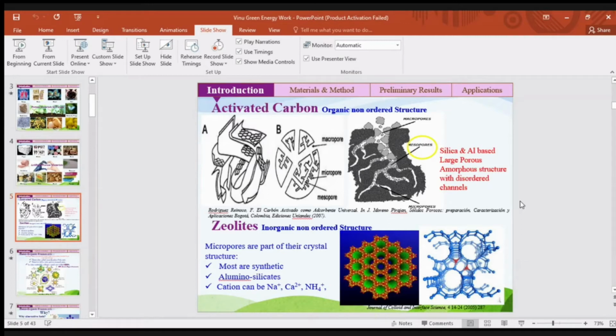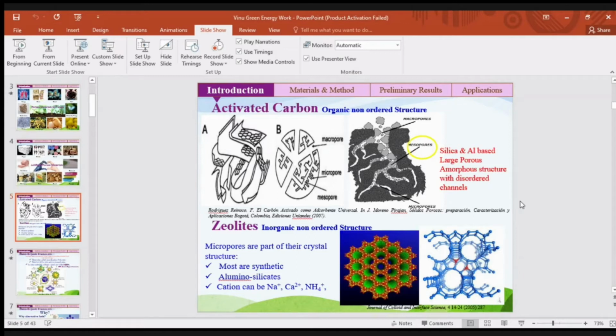When you take the zeolites, it is an inorganic non-ordered structure. From this we are constructing the metal organic frameworks. The micropores are part of the crystal structure. They are mostly synthetic aluminosilicates, and the cation can be sodium, calcium, or ammonium.